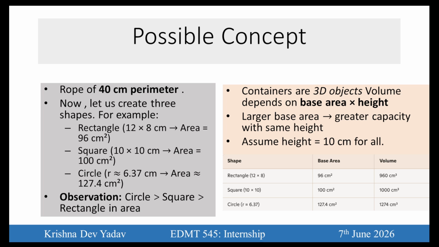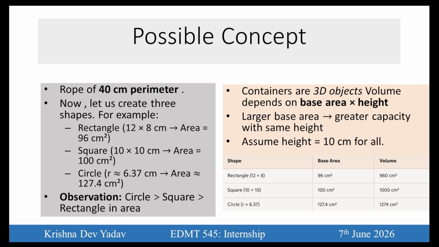We observe that the rectangle has an area of 96 square centimeters, the square has an area of 400 square centimeters, and the circle has the largest area, about 127.4 square centimeters. This tells us something very interesting: when the perimeter is the same, the circle encloses the largest area.